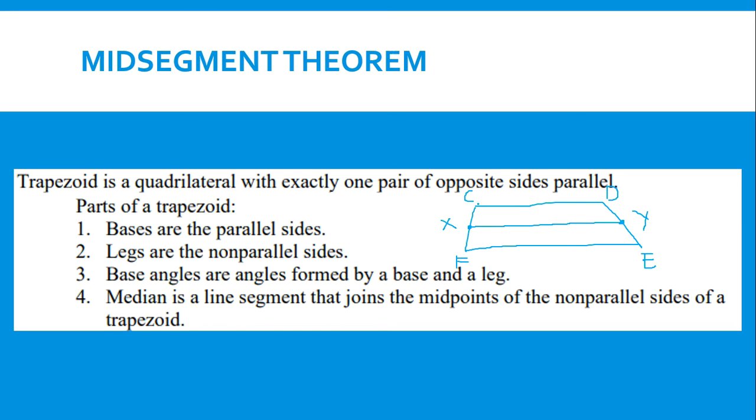First, the left side of the trapezoid is side CF. It is divided into two equal parts because there is a midpoint, and that forms the median. So whatever the distance from X to C, it is the same as X to F. The same goes for the right side: whatever the distance from Y to D is the same as Y to E. Okay?